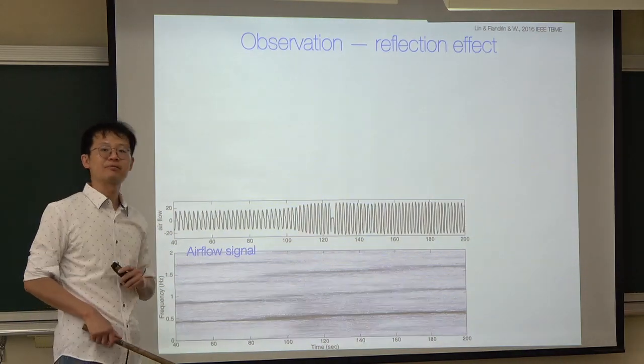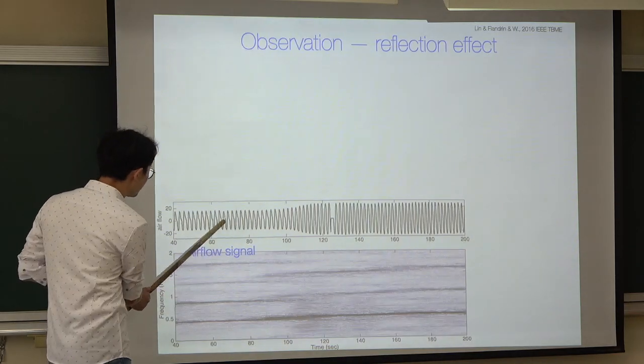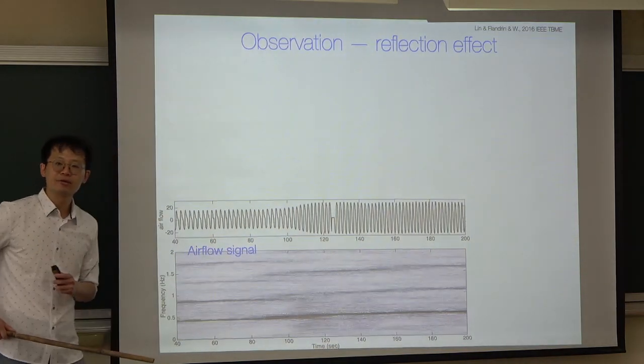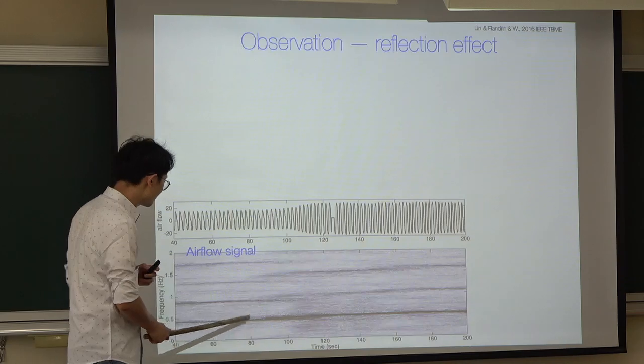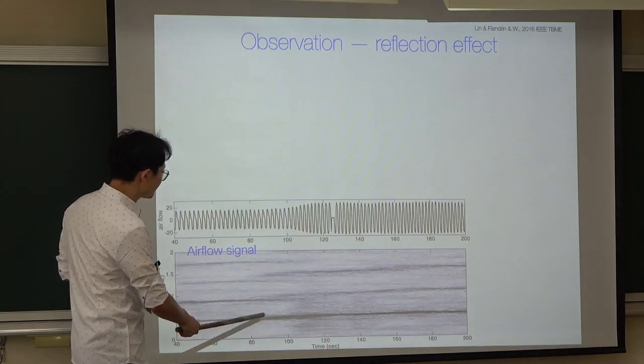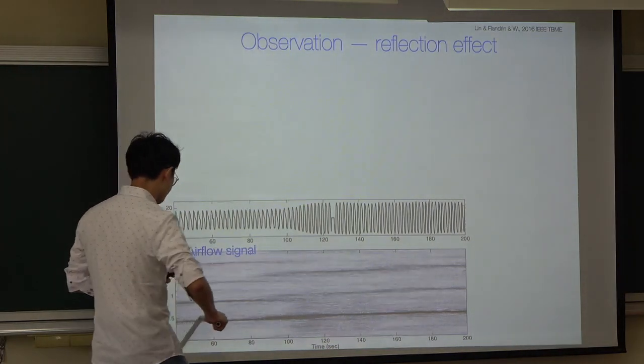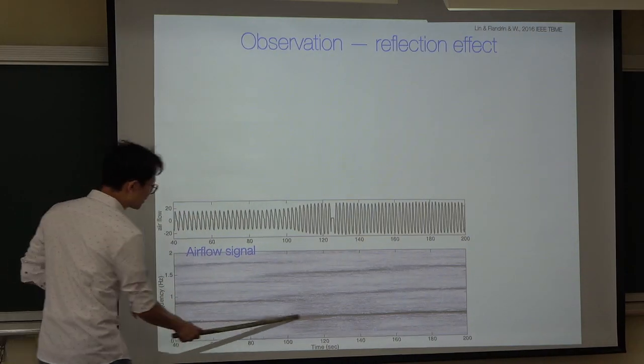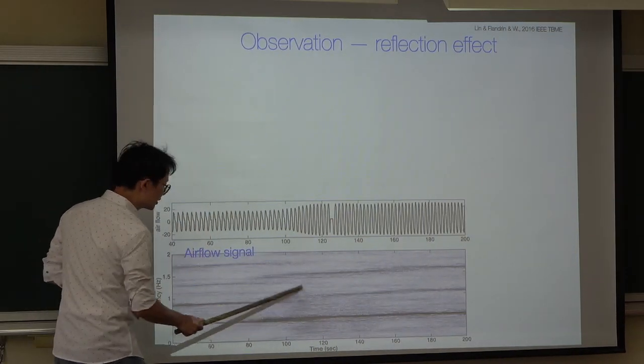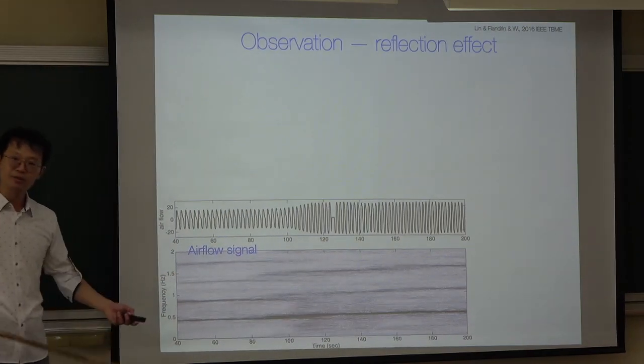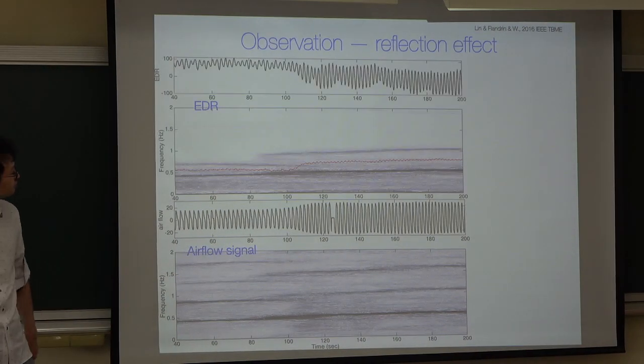But let's do some observation. This is an airflow signal, and you can see this is the time frequency representation. This is the fundamental component. That is the harmonic, and so on. Very good, so you get a lot of dynamics.